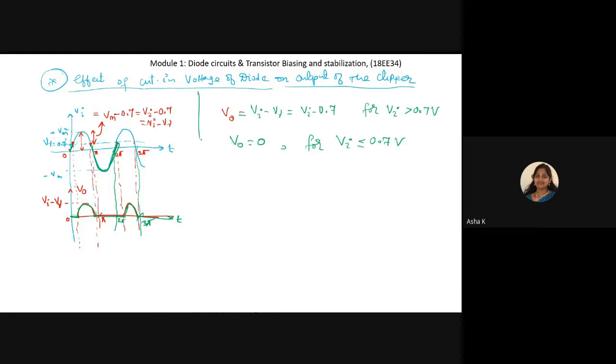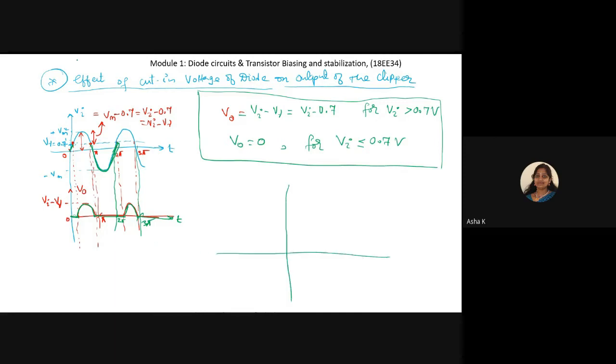If I just draw the transfer characteristics curve for this, for the series clipper, which side is clipped here? The negative side is clipped here. So this is the series negative clipper circuit.